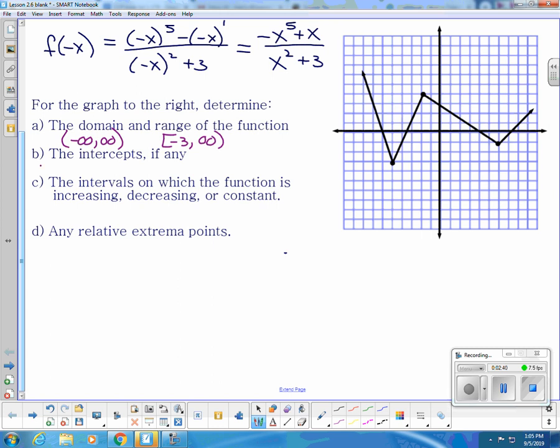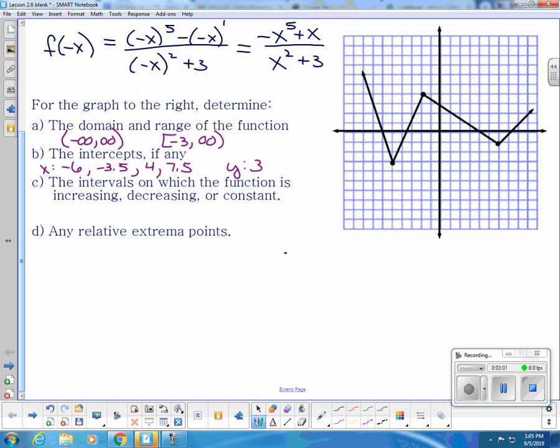X-intercepts are negative 6, negative 3.5, we're rounding, 4, and 7.5. Does that sound right? And the y-intercept is 3. Easy enough?